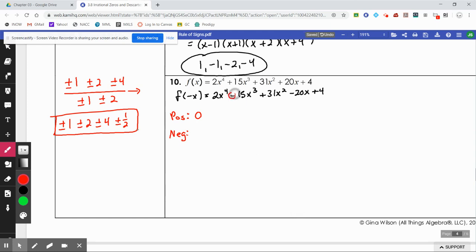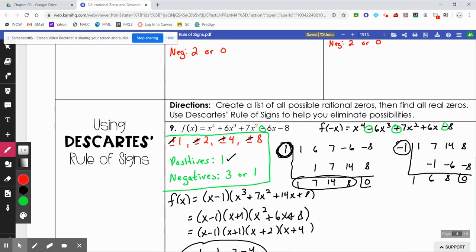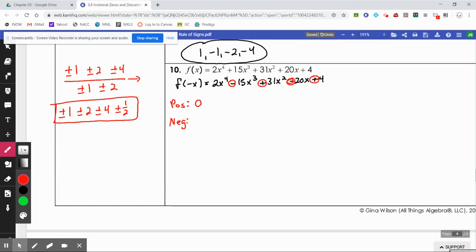Negative sign changes, I have 1, 2, 3 there, and 4 there. So that means I'm going to have either 4 or 2 or 0 negative solutions. So that helps us out from the very get-go because I have no positive answers.